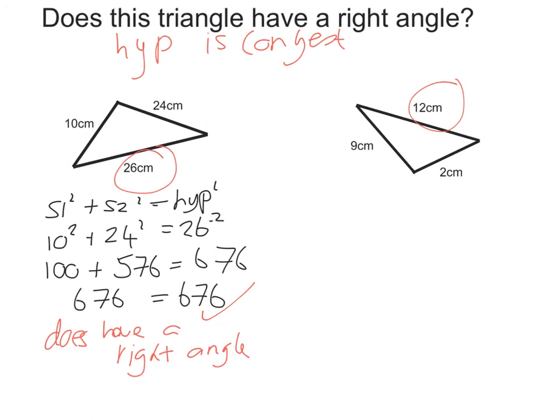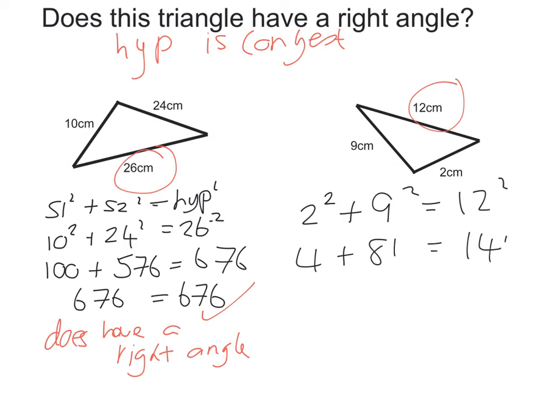Okay, in the next example, we have then 12 is the hypotenuse. So we're basically checking if 2 squared plus 9 squared equals 12 squared. So that's 4 plus 81. 12 squared is 144. 4 plus 81 is 85.